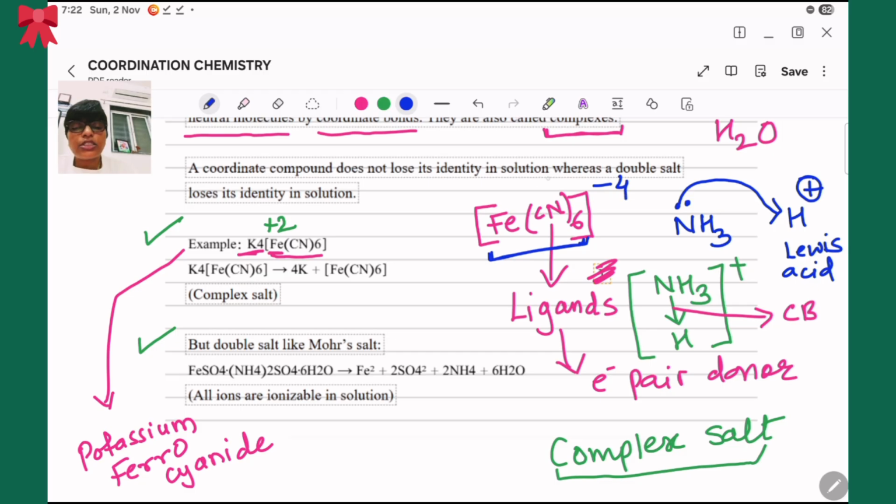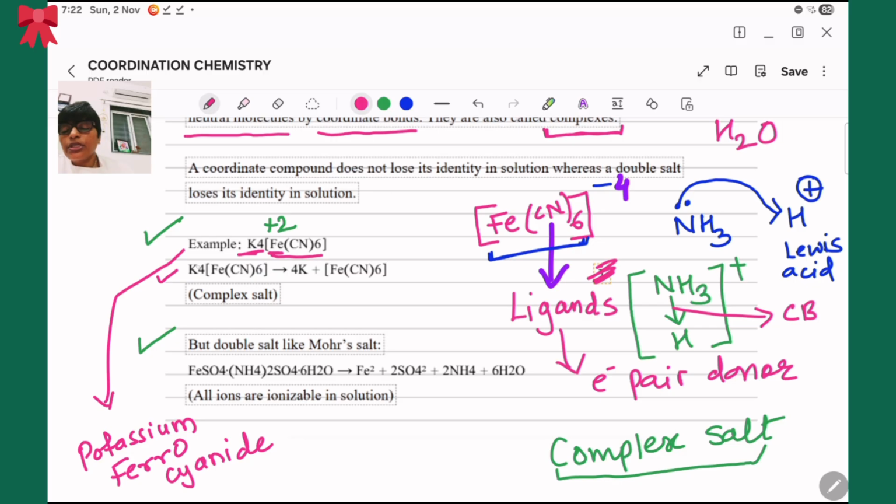So this particular species which we are denoting here is the coordination entity, right? Now look, what we are doing is I just take K4[Fe(CN)6], that is potassium ferrocyanide, and I just add water to it.